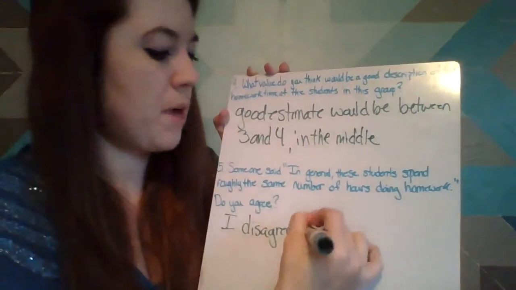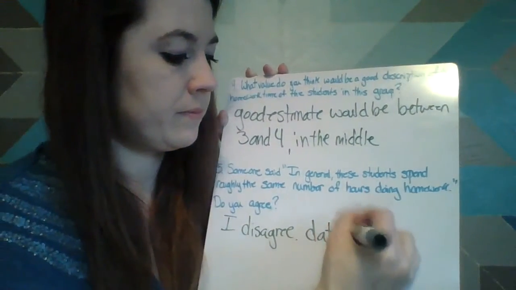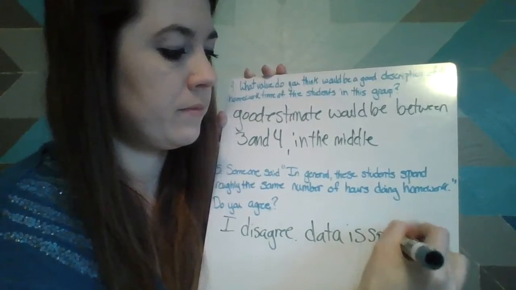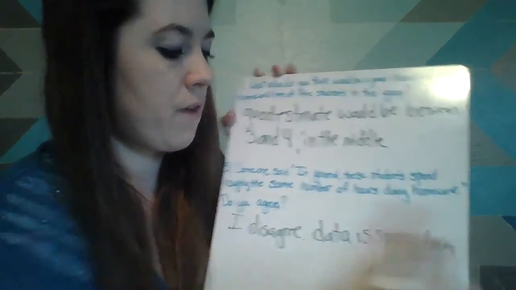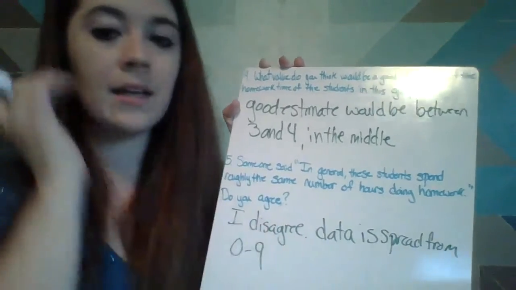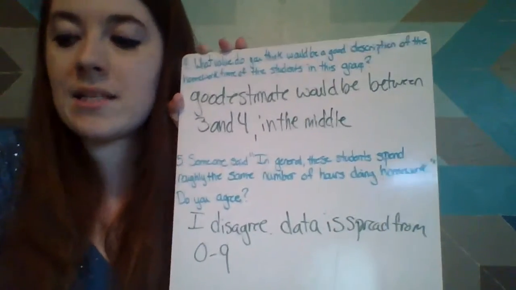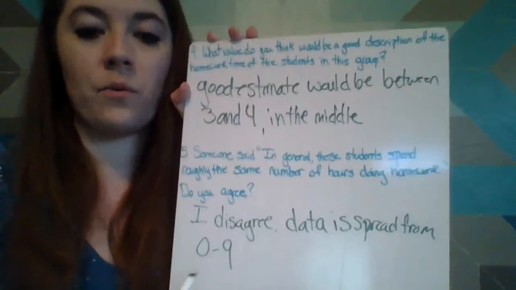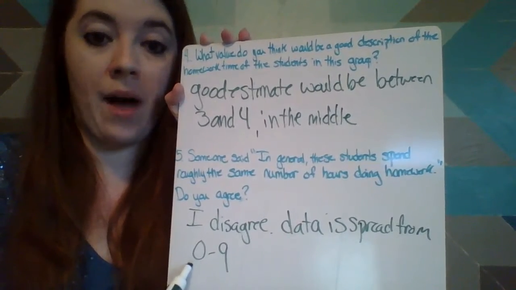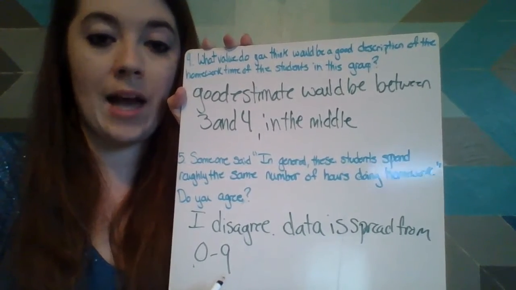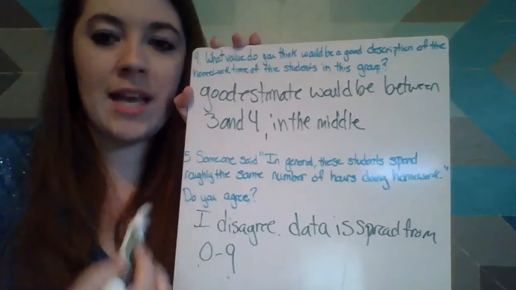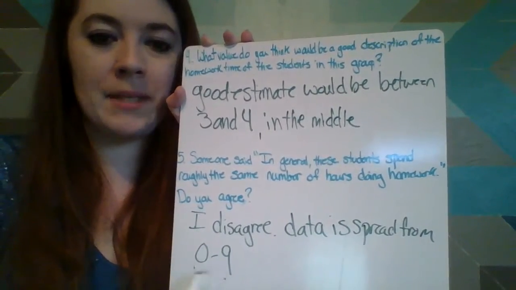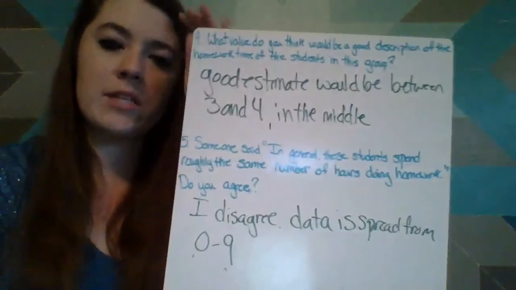The data is spread from 0 to 9. That's a pretty big spread of data. We've got one student who spends 0 hours and another student who's spending 9 hours. So saying that they all spend the same amount of time, not even close with that big of a spread.